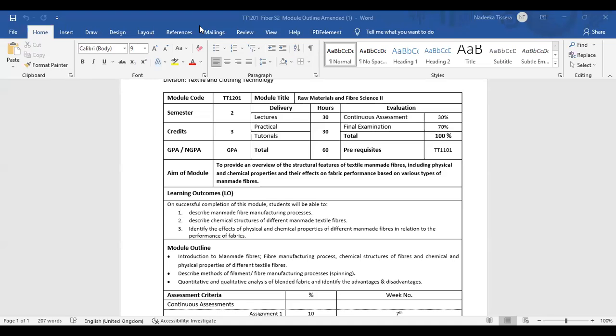When it comes to fibers, we normally do not refer to it as just the strength. We refer to it as the tensile strength, because the tensile strength mainly takes into account the fiber diameter as well.